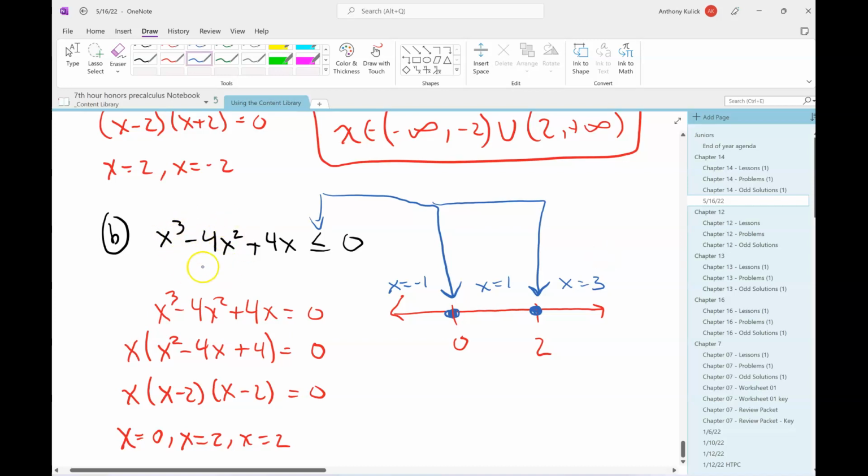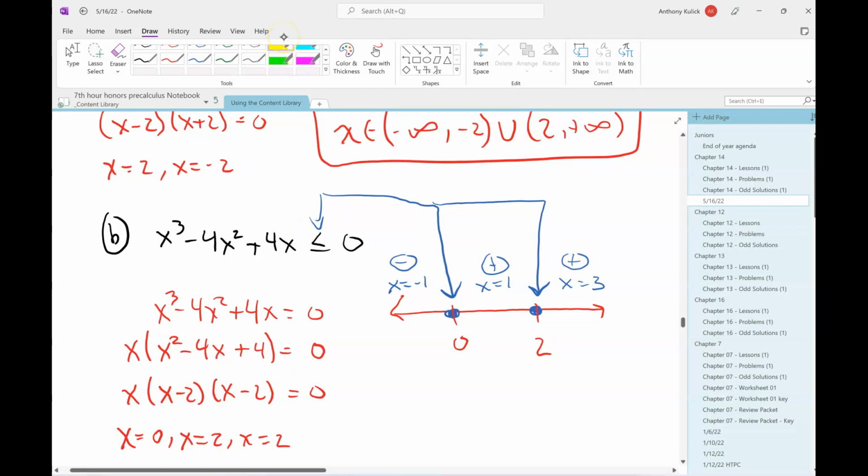That's going to be -4, and that'll be -4 also. So all those are a bunch of negatives. That's negative there. Put in 1, that's 1 minus 4 plus 4, so that's positive. That's 27 minus 36 plus 12, that's positive also.